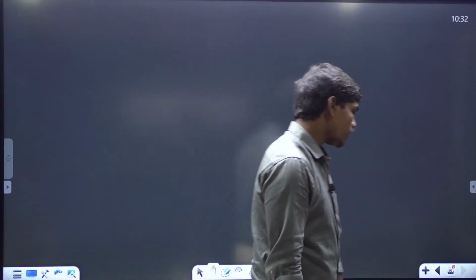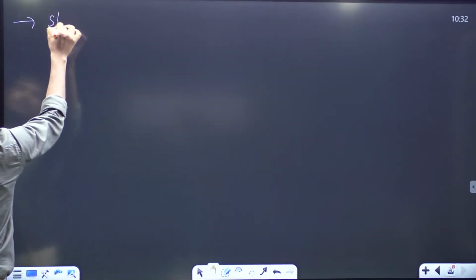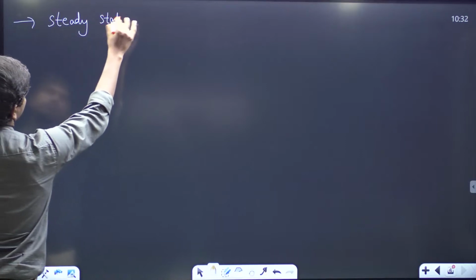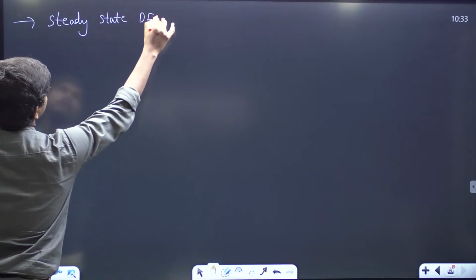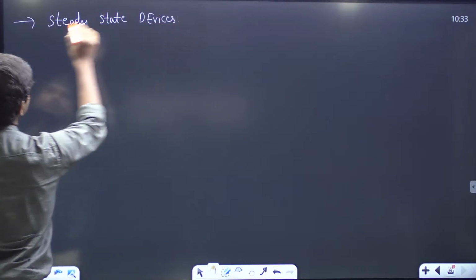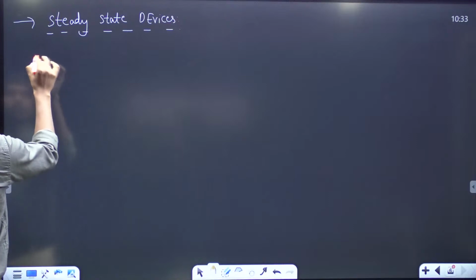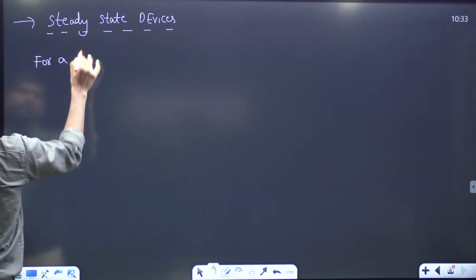Okay. So now we'll talk about steady state devices. So see here.